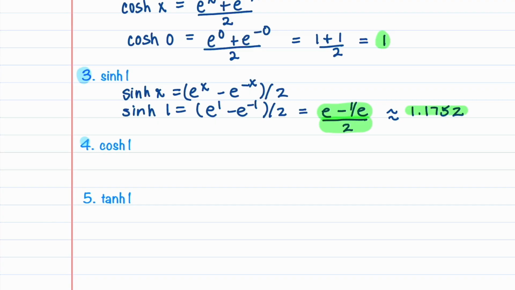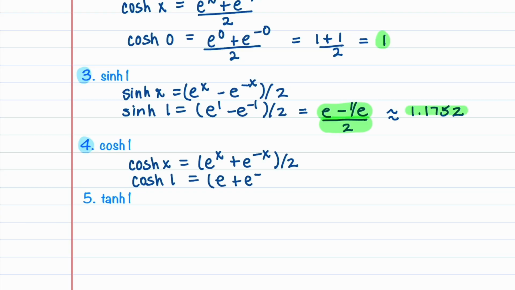Let's now look at number 4. It is very similar to number 3. We are going to be evaluating cosh of 1. We'll start by writing down the definition of cosh. Cosh of x is e to the x plus e to the minus x, all divided by 2. Now we're going to substitute in that x is equal to 1, and we get e plus e to the minus 1 divided by 2.